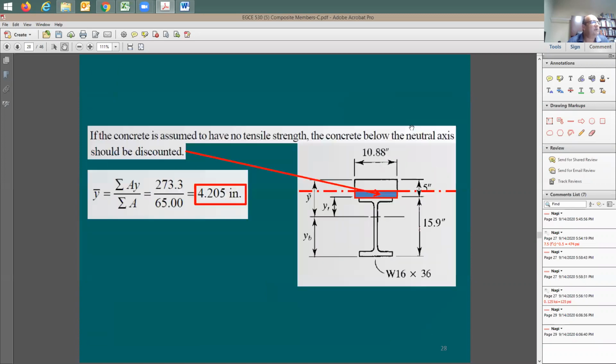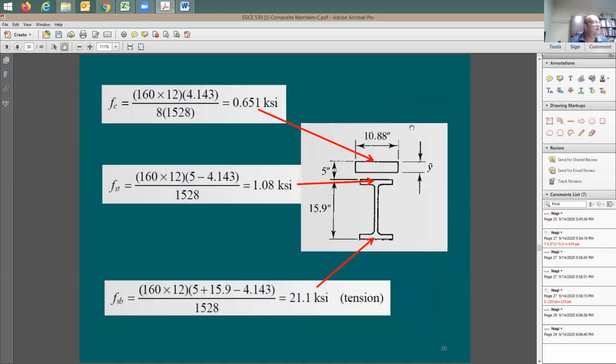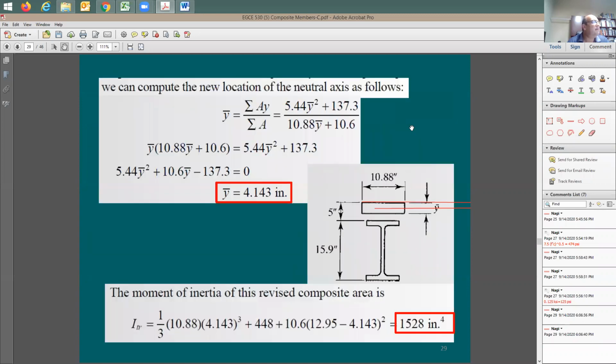So let me see here what happened. It's still 137.3. Now, this total moment of each one of the sub areas, you're going to divide by the total area. Total area of the steel is going to be 10.6. Total area of the concrete transferred into steel area element is going to be equal to 10.88 times y bar.